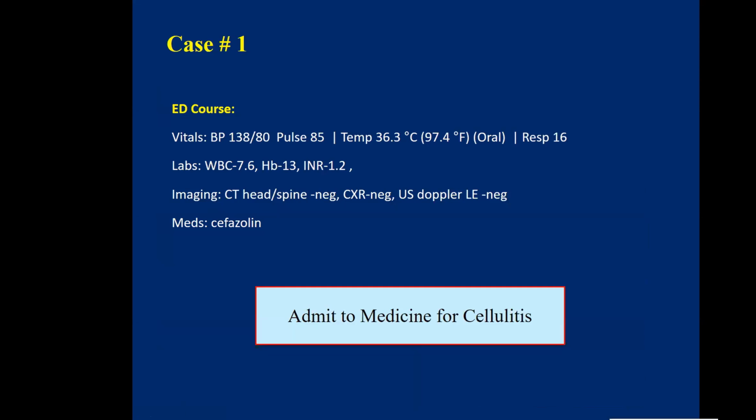His vitals are okay. He's not febrile. His WBC is 7.6. He did get an ultrasound Doppler. It was negative, and he was started on cefazolin. He was admitted to medicine for cellulitis. If this case sounds familiar, it's not a coincidence. It's a very common admission diagnosis.